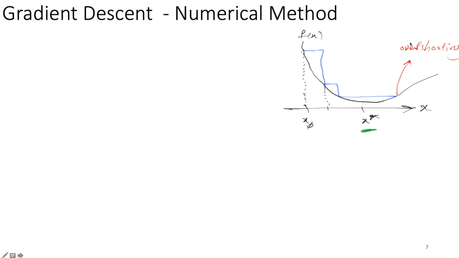I talked about it last session as well. I mentioned that having the correct step size is very important in gradient descent. If you take a very small step, it's going to take many more iterations to converge.